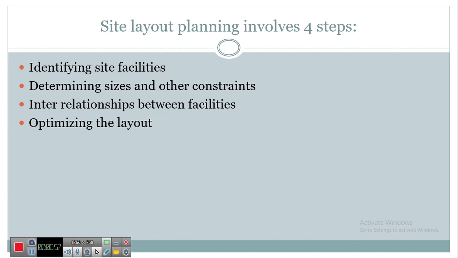Then we have to create interrelationship between facilities, like labor have to go first to the storeroom to collect construction material, and then use it at the main construction area. So this should flow smoothly. These interrelationships matter a lot to increase efficiency. Then optimizing the layout. So these are the steps that are included in site layout.